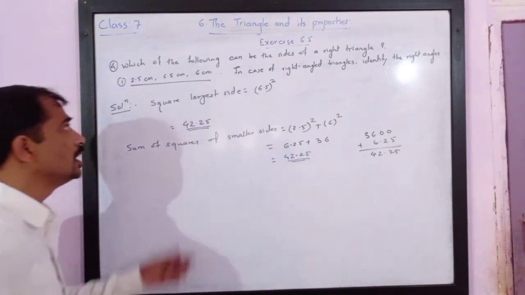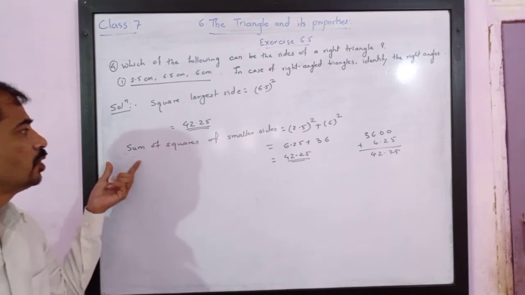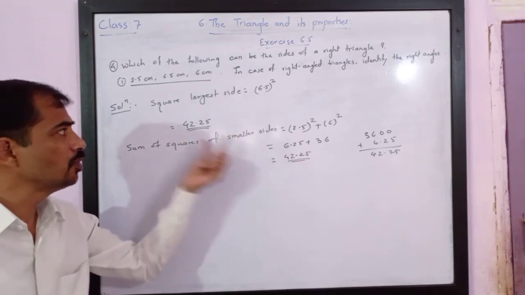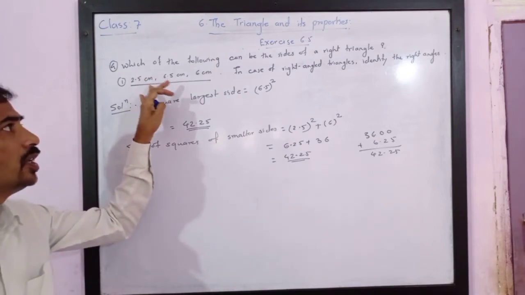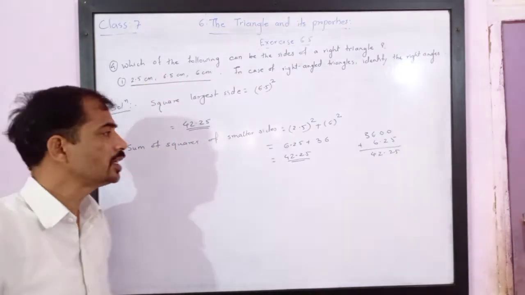Now watch carefully. Square of the largest side is equal to the sum of the squares of the smaller sides. Both are equal. Hence, this triangle, if it is to be drawn, will be a right angled triangle.